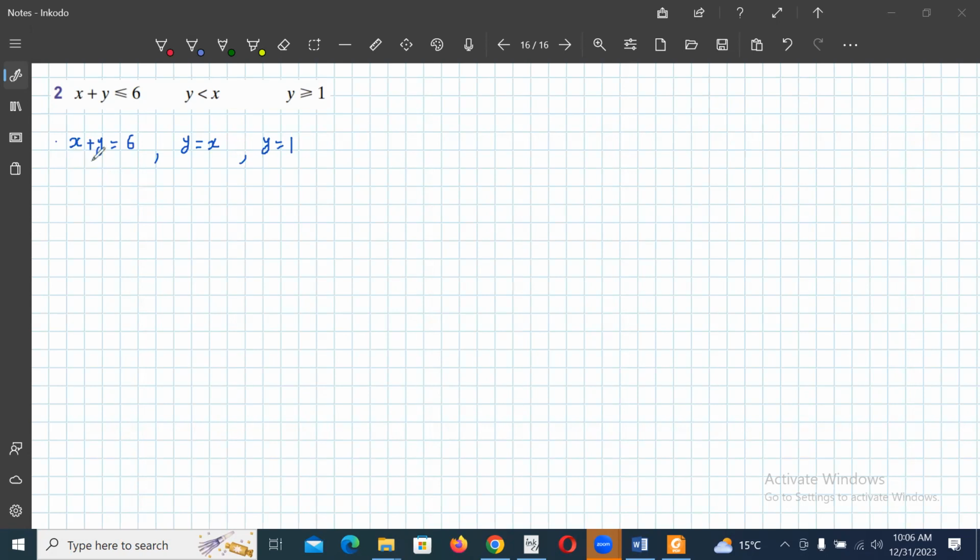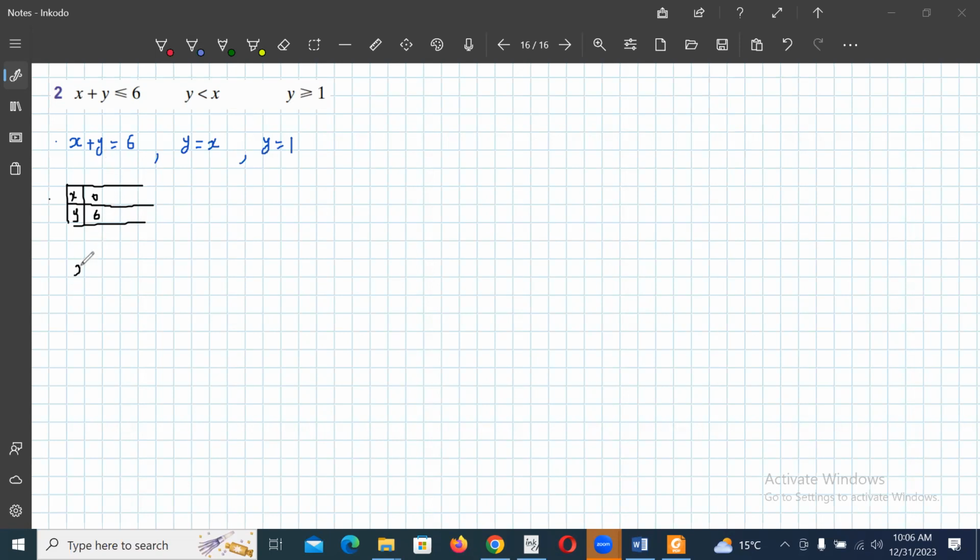Here, if I see the first one, which is x plus y is equal to 6, we need to find a table. For the table we can take a few values of x from our mind. This is x, this is y. Let's suppose x is 0, then y is equal to 6.